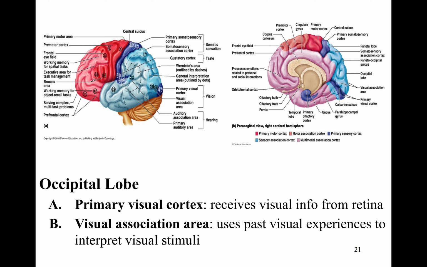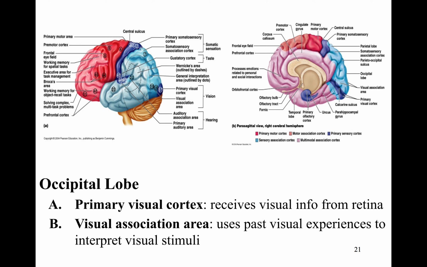The primary visual cortex is going to receive visual stimuli from the retina. The visual association areas are then going to use past experiences and past memories in order to interpret that visual stimuli, so interpret the colors, the shapes, the movements, and so on.